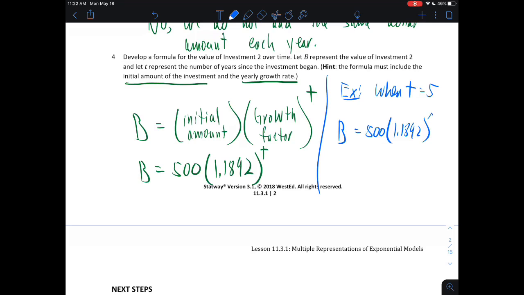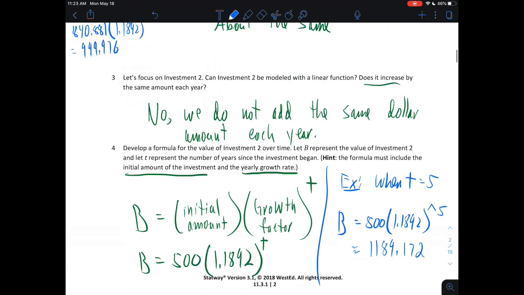You have to use the button that looks like an upside down V, and then you type in the number 5. So 500 times parentheses 1.1892, close the parenthesis, then raised to the power of 5, and notice that we get approximately 1189.172.